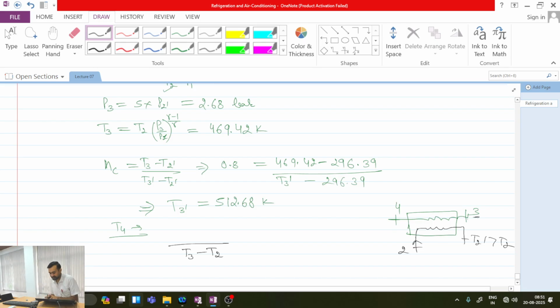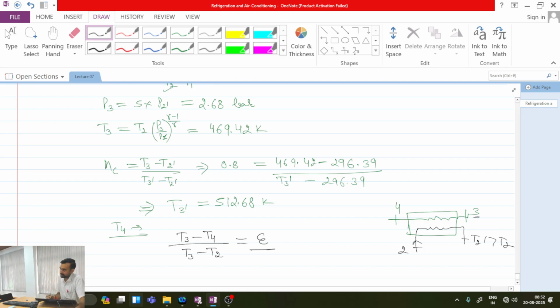However, what is the actual heat transfer? Actually, the hot fluid is changing from T3 to T4, so the actual heat transfer is T3 minus T4. So actual divided by maximum is the effectiveness of the heat exchanger. Is this point clear or not? Shall I explain it again?